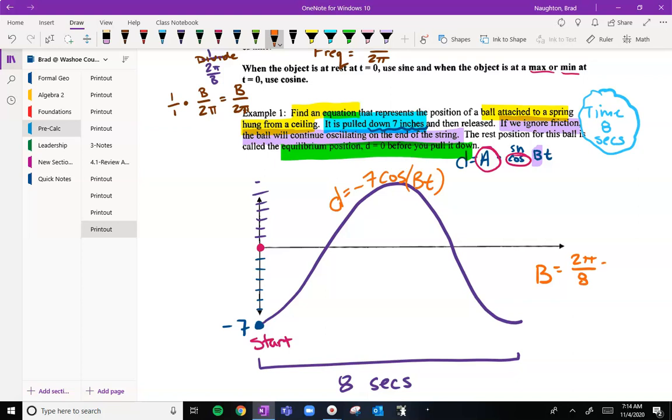So that's going to be 2 pi divided by 8. So let's reduce that down, so I'm going to get pi over 4. All right, so now I have the b value to plug on in. So my equation is going to finish up being distance is equal to -7 times the cosine of pi over 4 times the time t. And booyah, Grandma, that's it.